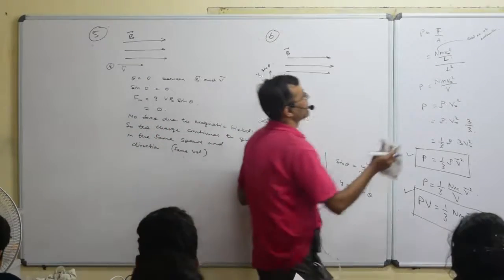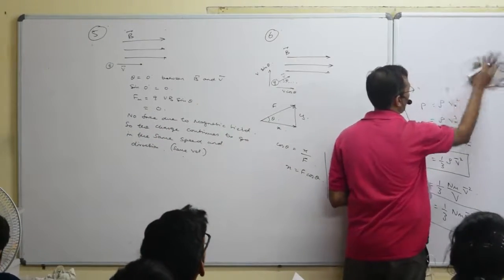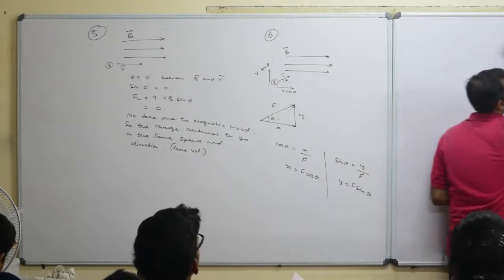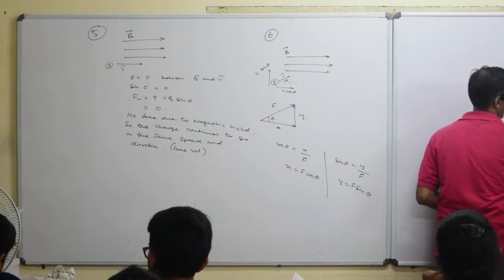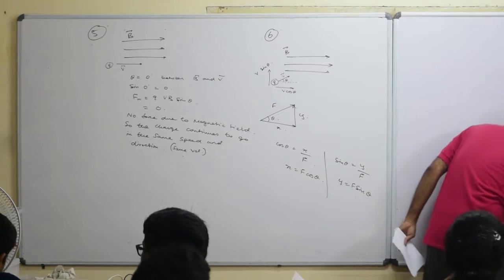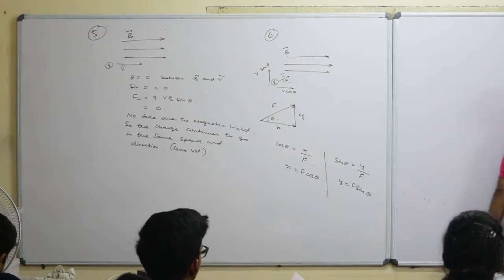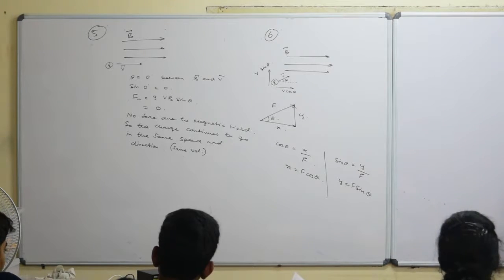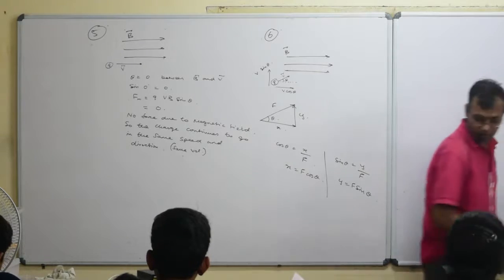So coming back to this question here. I'm resolving it into two components. One is the X direction component, the other one is the Y direction component, meaning both are perpendicular to each other.